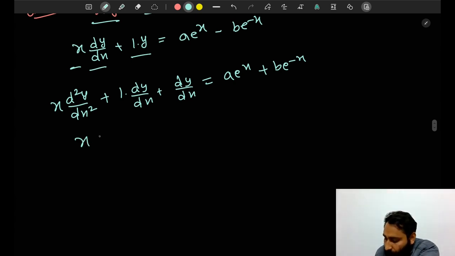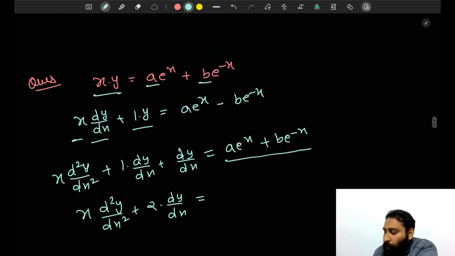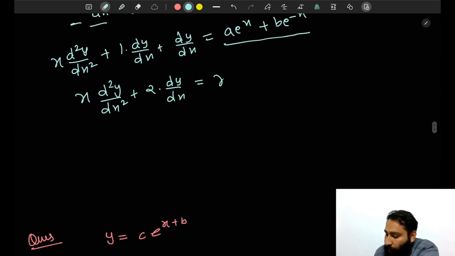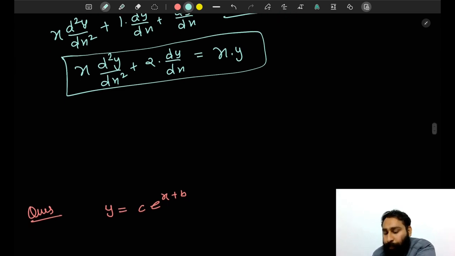Okay, we have to combine these terms. Now we obtain this differential equation, and we see that a e to the power x plus b e to the power minus x is equal to x into y. So we write x into y. So this is our required differential equation.